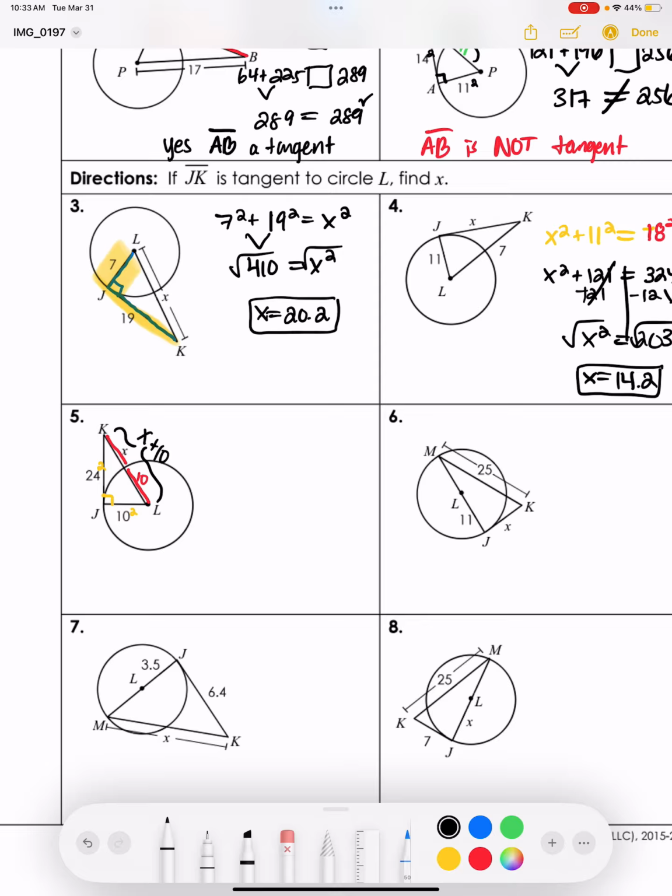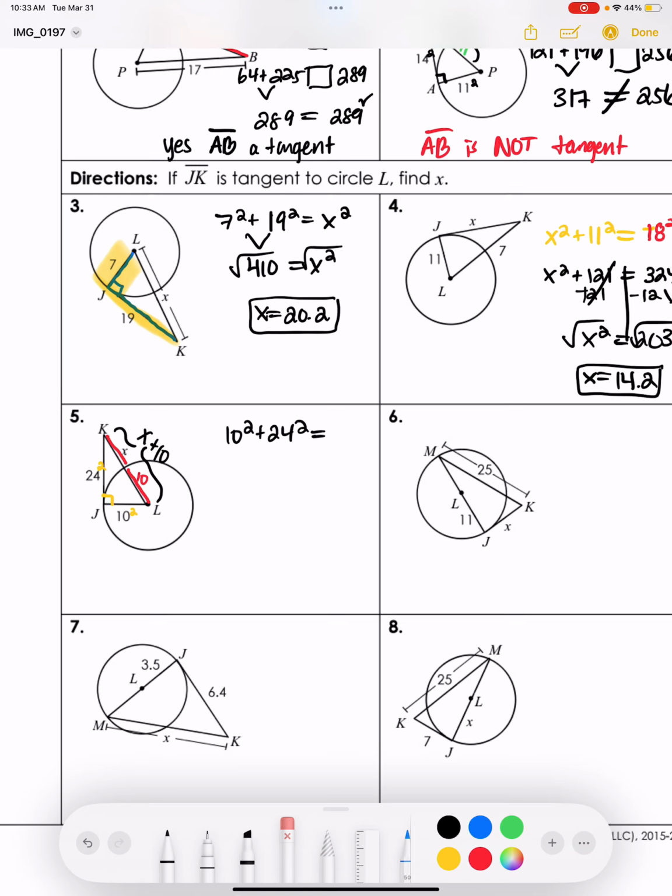So if we are doing our math, we would do 10 squared plus 24 squared equals, this might be extra work to do it this way.